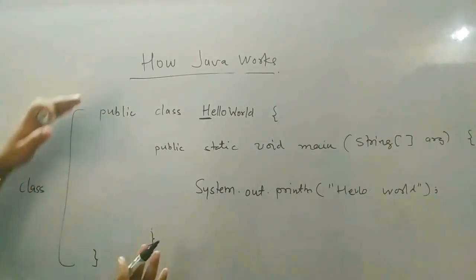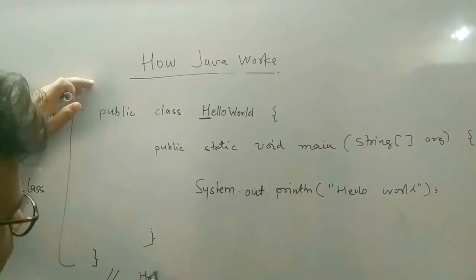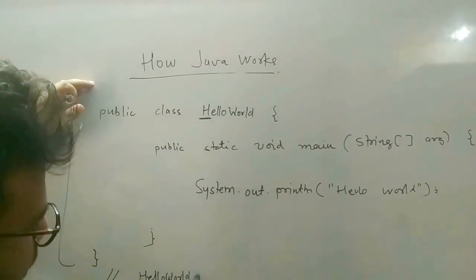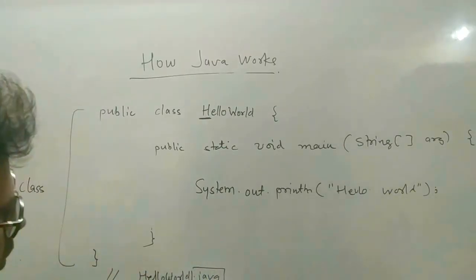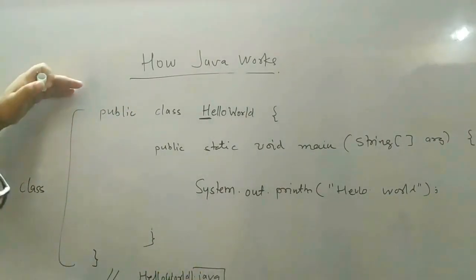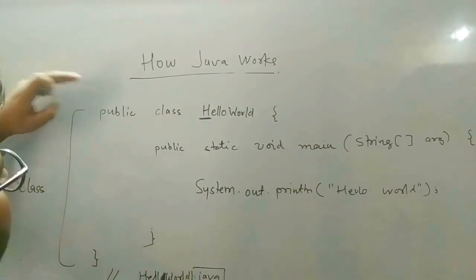Suppose we save it as HelloWorld.java. This extension is important. This extension .java makes it a source file. So this is our very simple source file, that is a .java file.